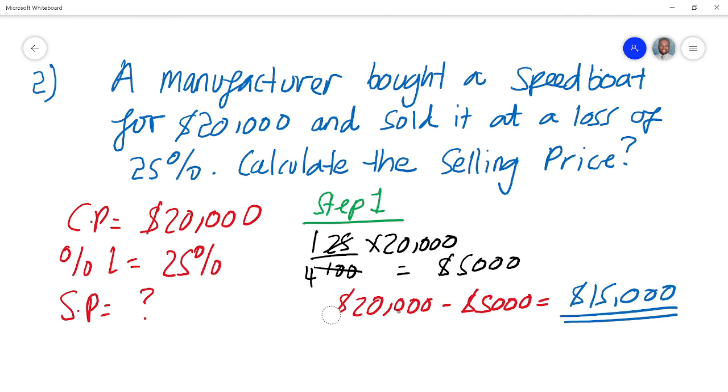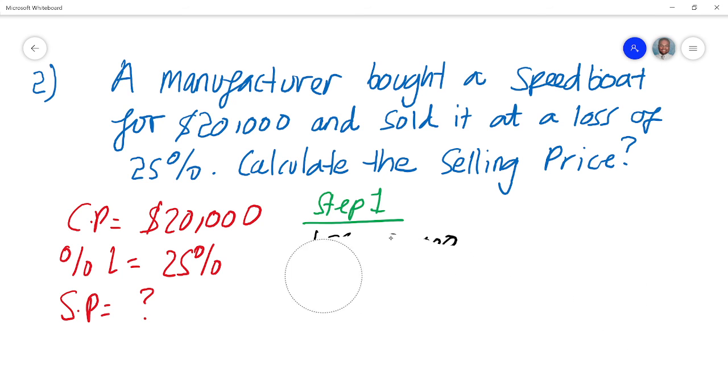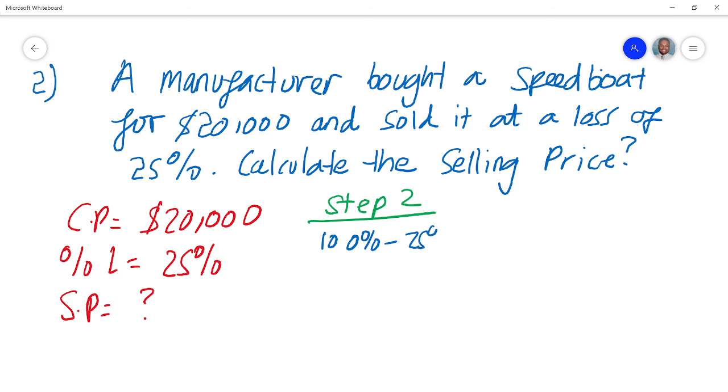Let's look at step two. Because you've made a loss of 25%, you're now going to subtract 25 from 100. So that's 100% minus 25%, which is 75%.